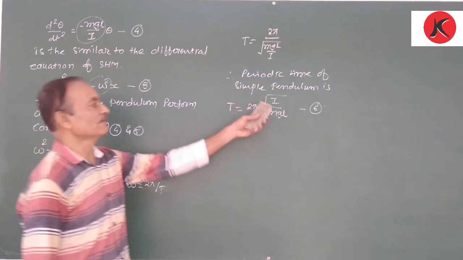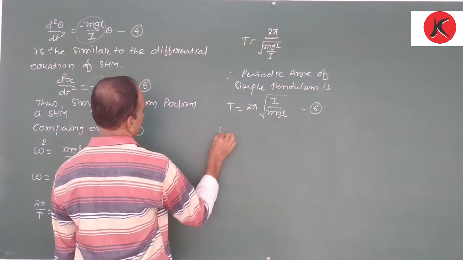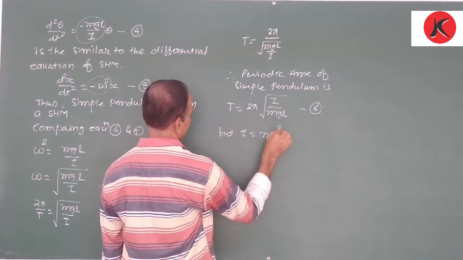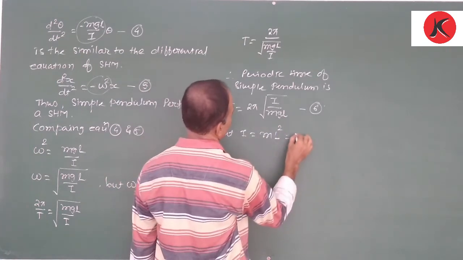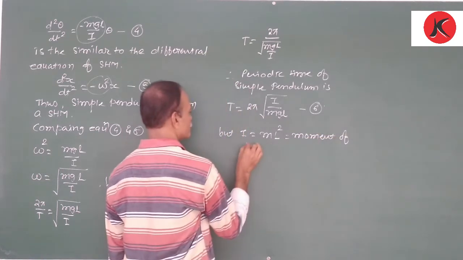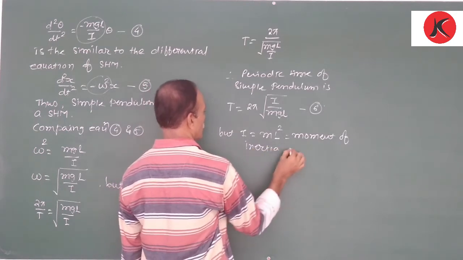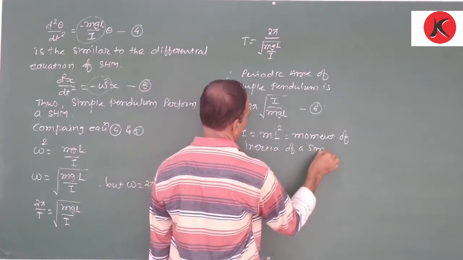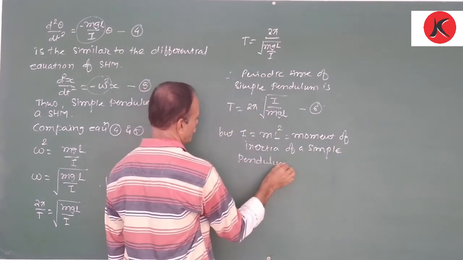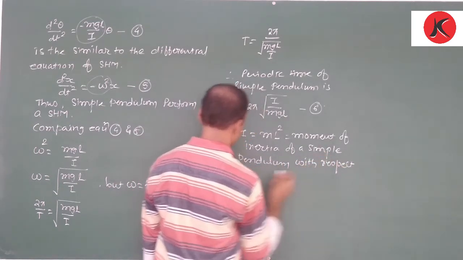But here I is the moment of inertia of the pendulum with respect to its support, and I = ml², the moment of inertia of a simple pendulum with respect to its support.